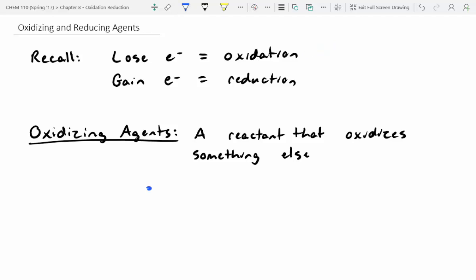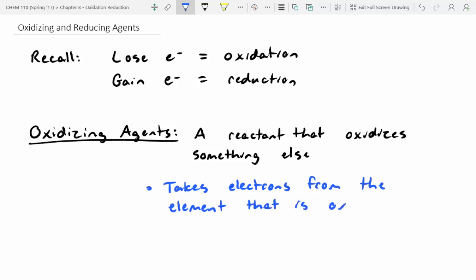So let's put that in. It takes electrons from the element that is oxidized. Now the ultra confusing part.